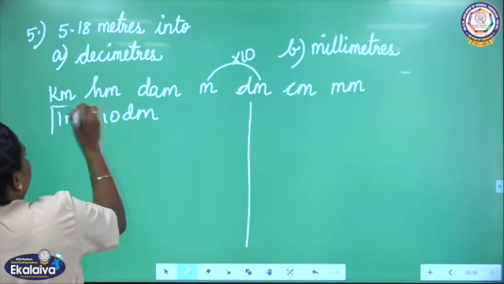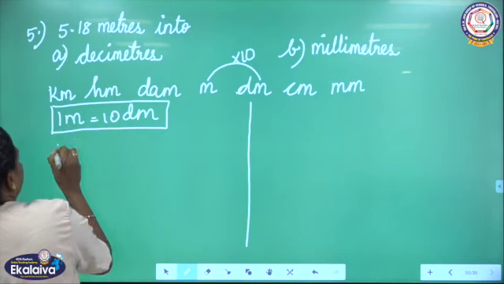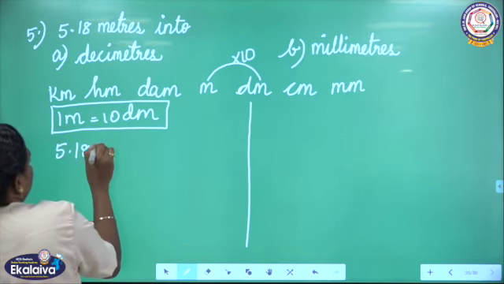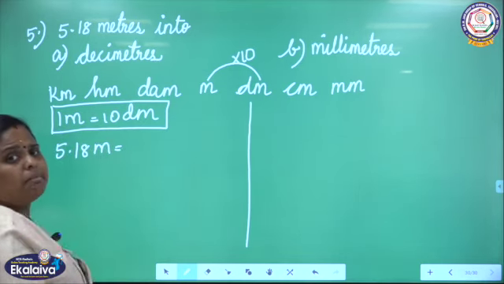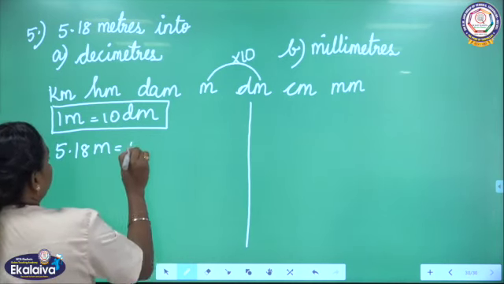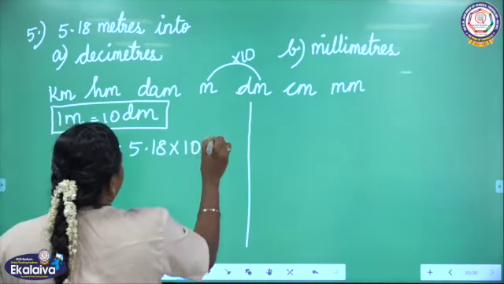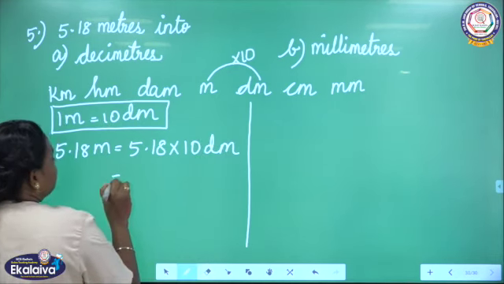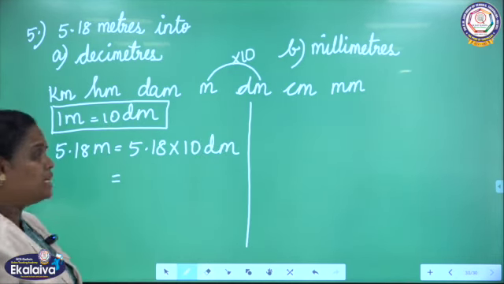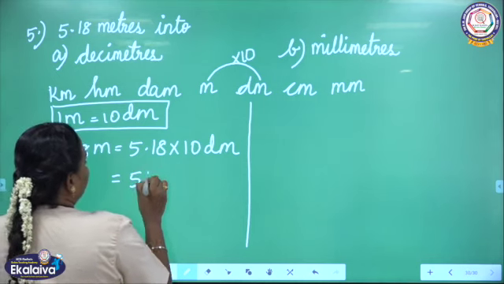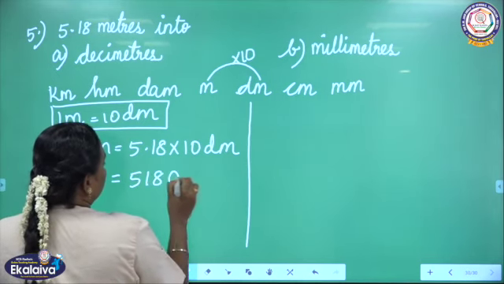Tell me now, 5.18 meter equal to, we are going to multiply by 10. So 5.18 into 10 decimeter. If you multiply by 10, in decimal multiplication, you write 5180.